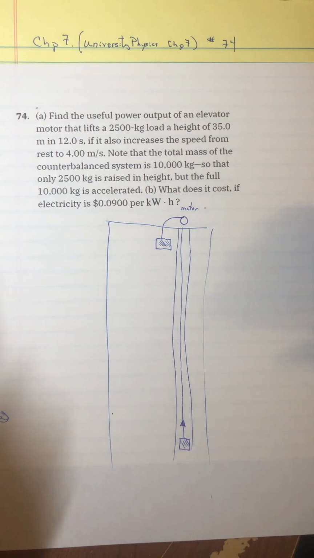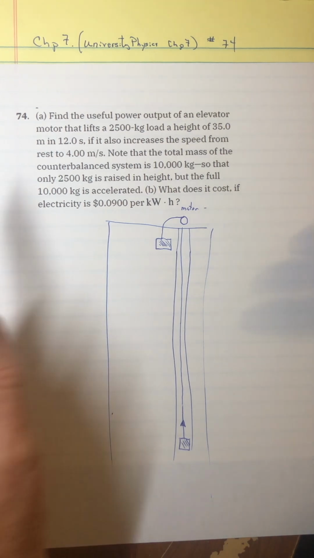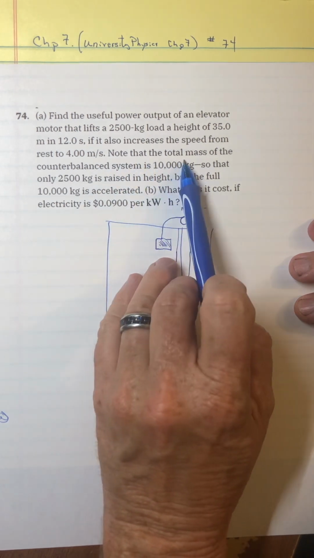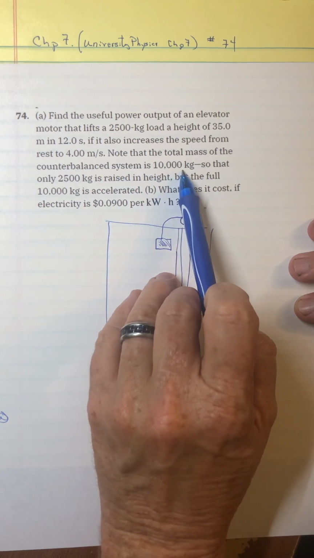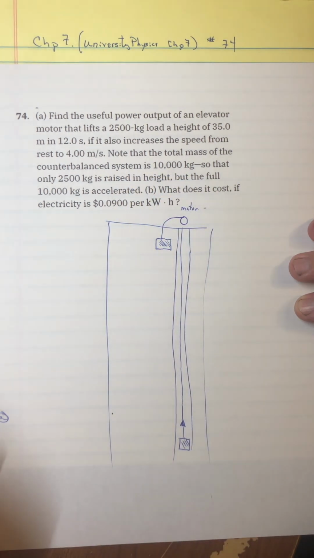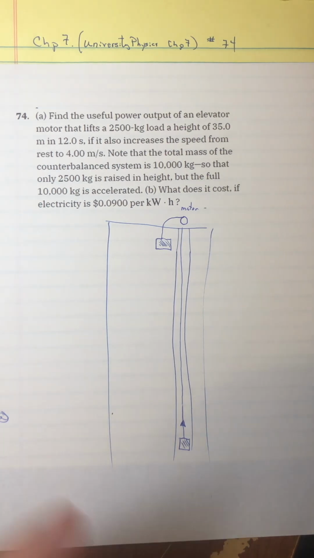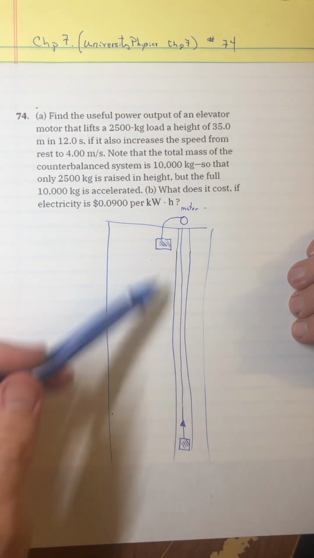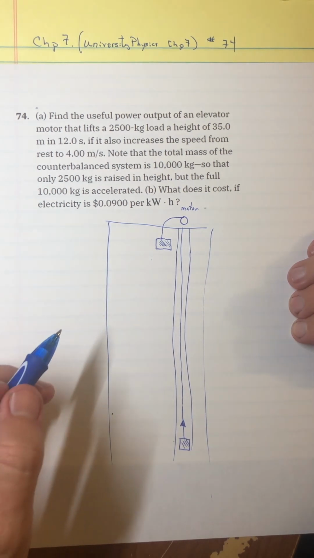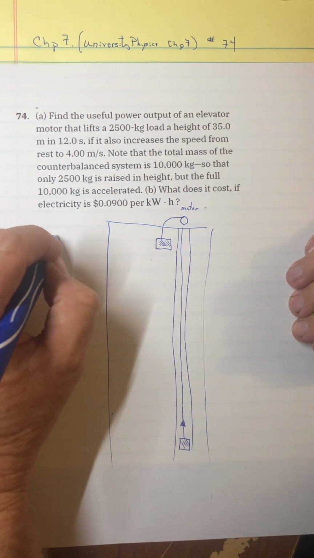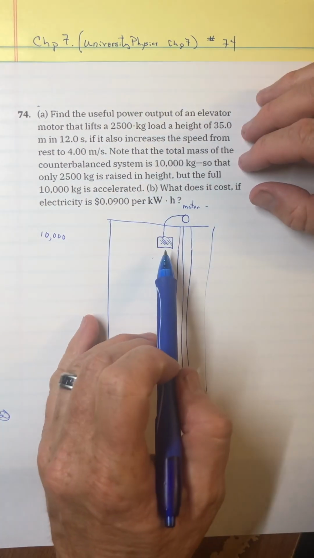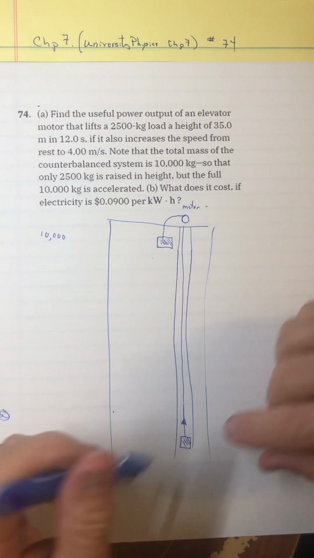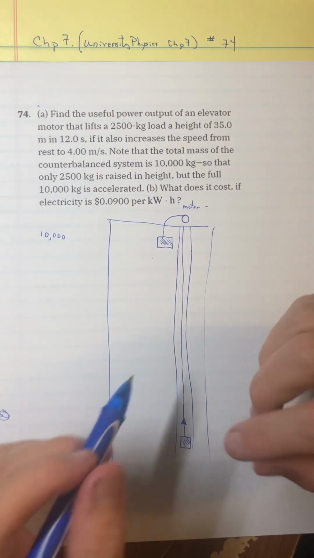And so that's what this one is trying to say when it says here, note that the total mass of the counterbalance system is 10,000 kilograms. So what they're trying to say is that the two of these together are 10,000. So I'm going to put that over here, 10,000. The whole system, not just this counterweight, but also this whole elevator together.